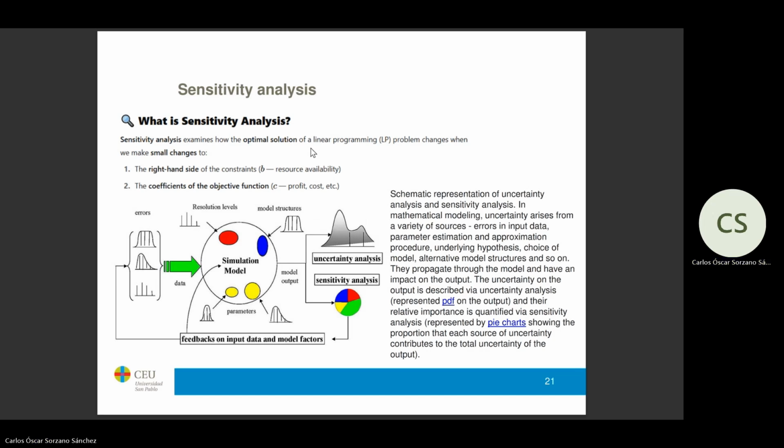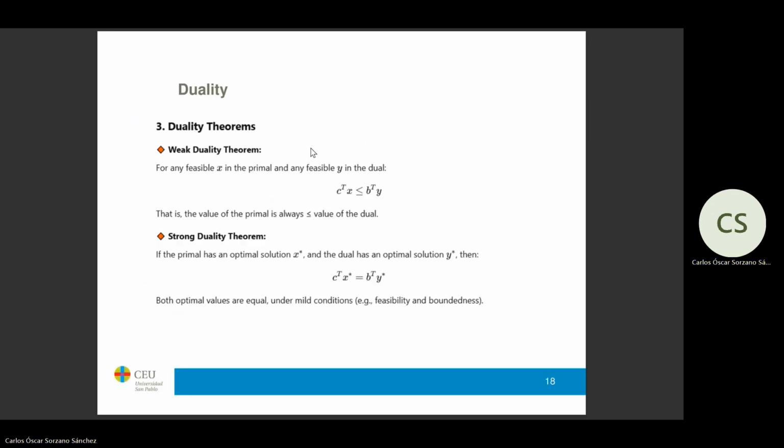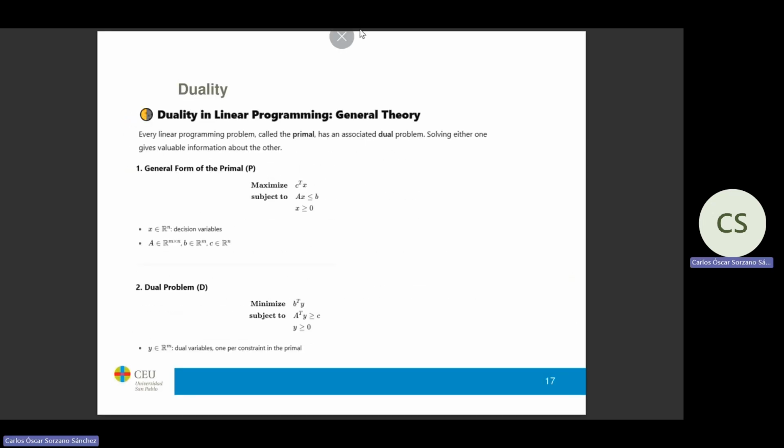So then, let's move on a bit and introduce something. This applies to linear problems, but also in general to any modeling. The sensitivity is: we are finding an optimal solution, maximizing this function with these constraints, and now you wonder, what if my constraints change a little bit?